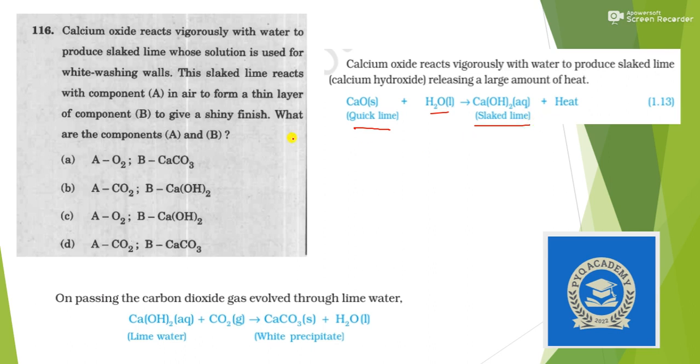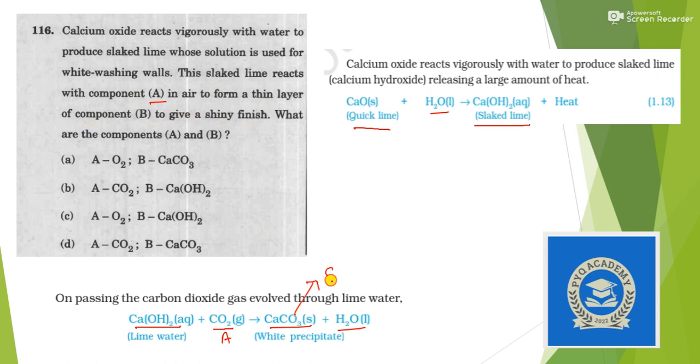Okay, and then slaked lime reacts with component A and it forms CaCO3, which is a white precipitate. So the slaked lime reacts with component A in the air to form a thin layer of component B to give a shiny finish, and this is the shiny finish.